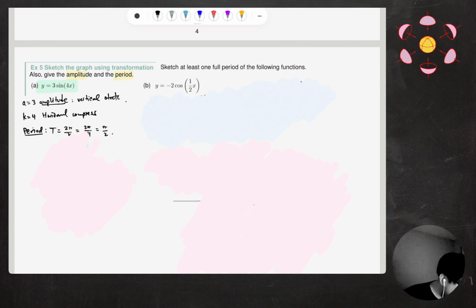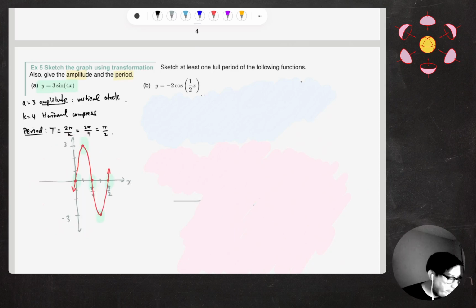And you can see I started to write the formulas here for the period. 2 pi divided by k, since the k is 4, 2 pi divided by 4 tells us that the period is pi over 2, which really did mean it compressed it, right? It used to take 2 pi to do one full cycle, but now it's doing the full cycle in pi over 2, which is way, way shorter. It's like 4 times as fast. That's why there's a 4 here.